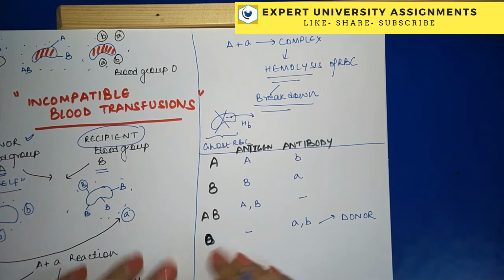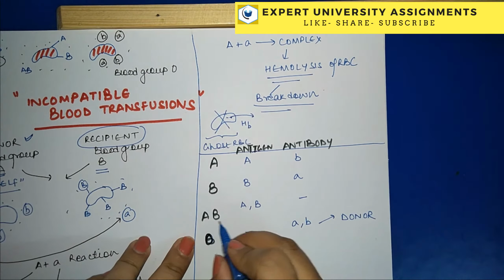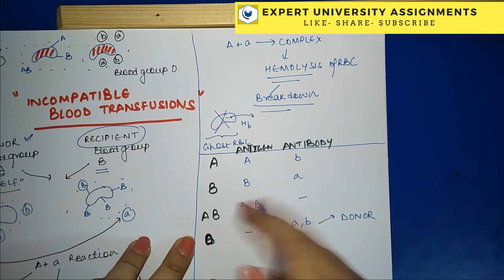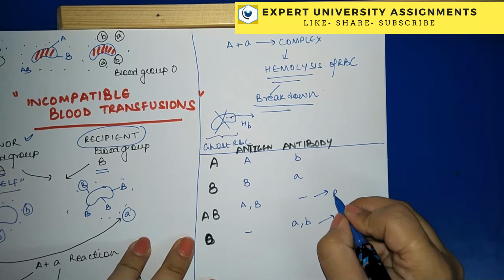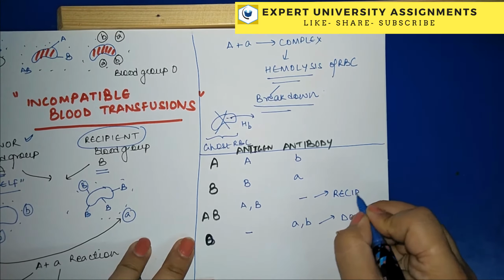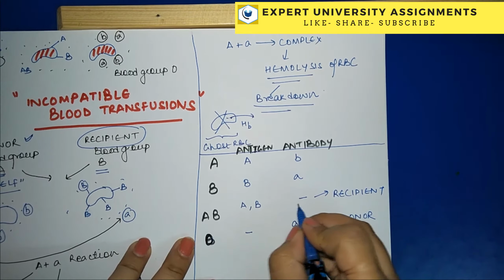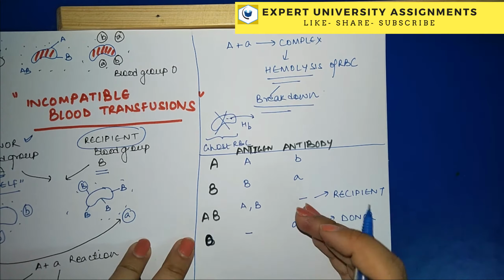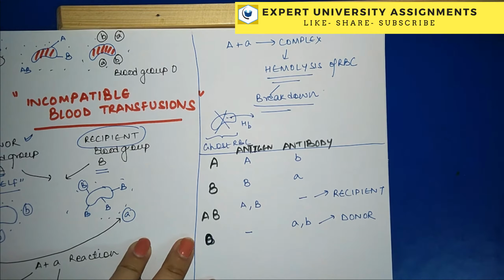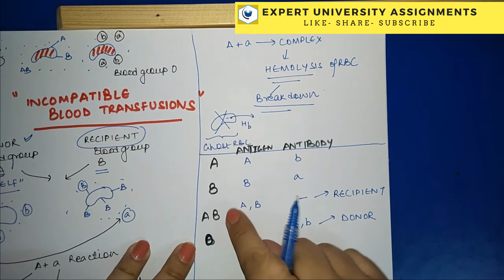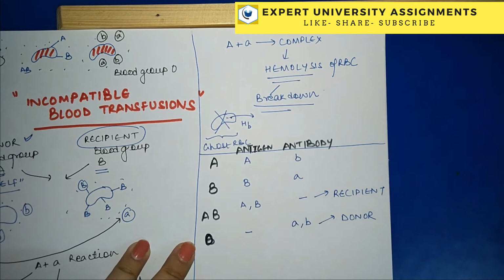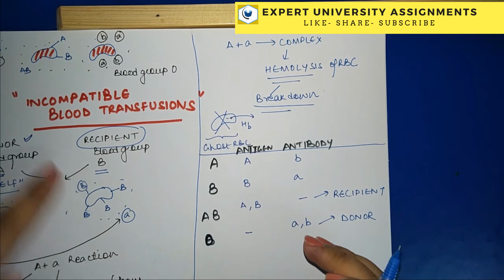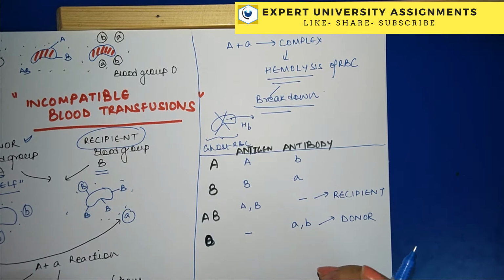So in case of blood group AB, what is happening? This is only and only acting as a recipient because it does not have any antibody, so it won't show any reaction in case of receiving any kind of blood. But yes, if this is transfused to any other blood type, then it will cause a complex reaction.